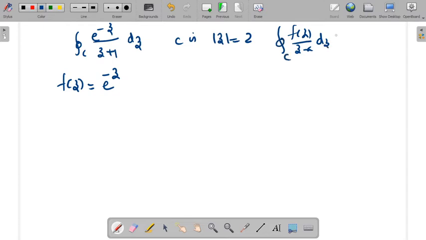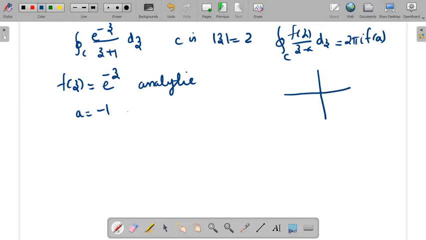And we know this is equal to 2 pi i into f of a provided a is within C. So if in the place of f of z we have e raised to minus z, it is analytic everywhere, in particular inside mod z equal to 2. Then comparing the denominator, we have a equal to minus 1, and the next question is whether it is within C. So our C is the circle mod z equal to 2.